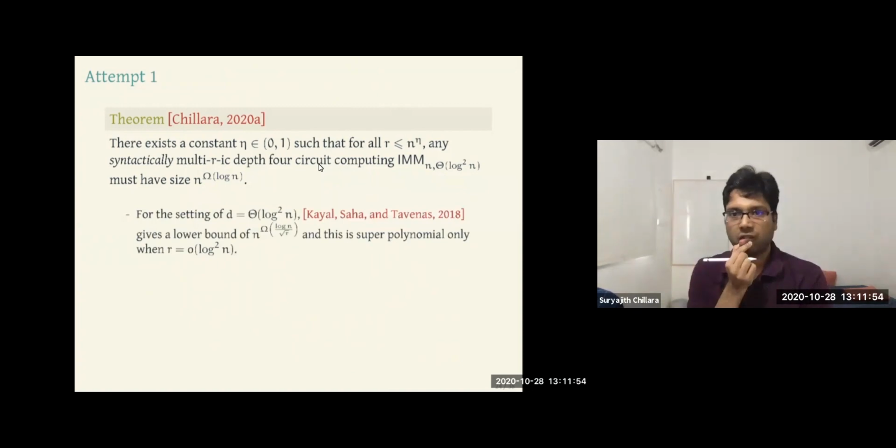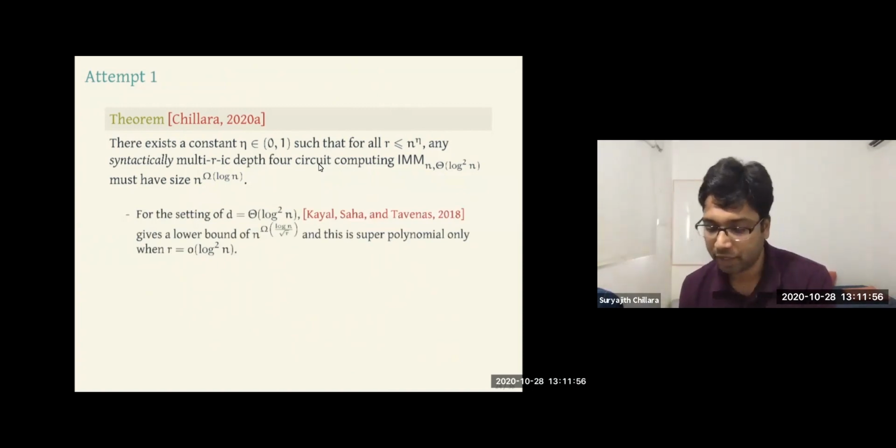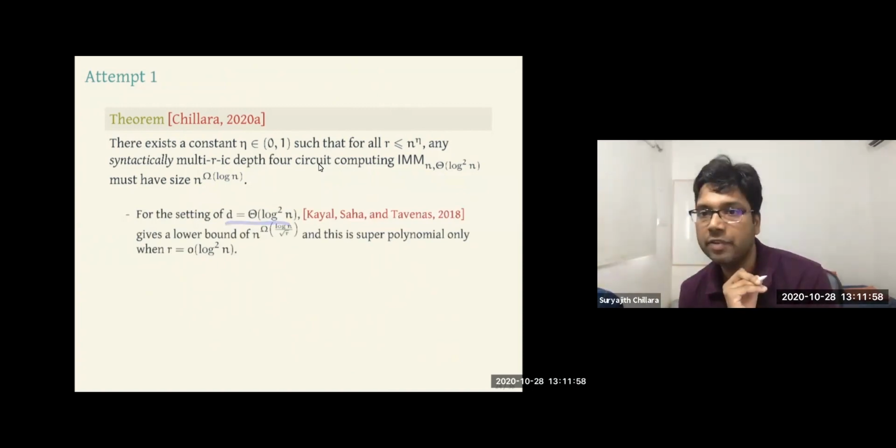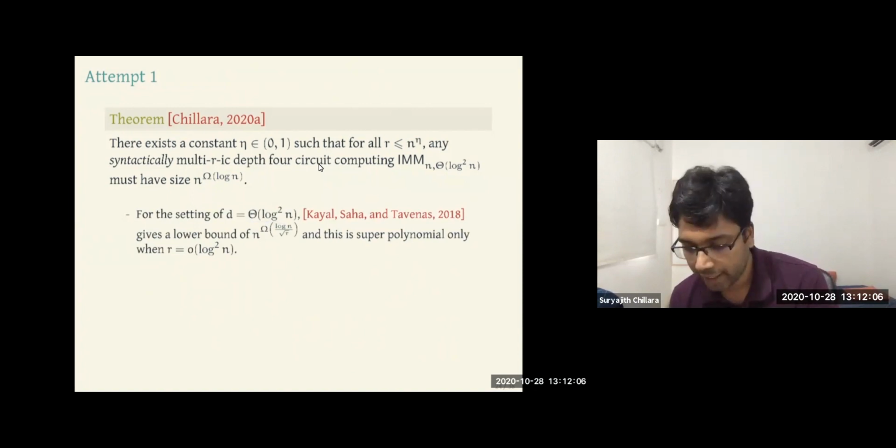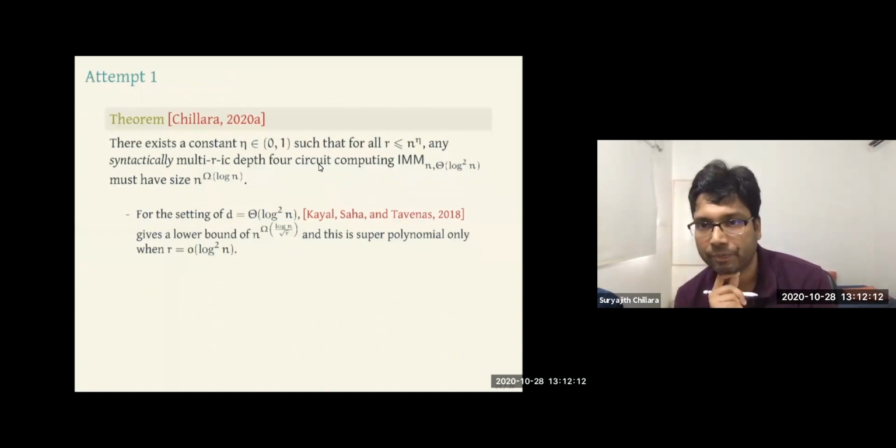So let's compare both the results for a very, very small range of d. In this range, if we set d to be theta log square n, the lower bound of Kayal, Saha and Tavenas gives a bound of n power omega log n by root r. That means my r can at most be log square n.